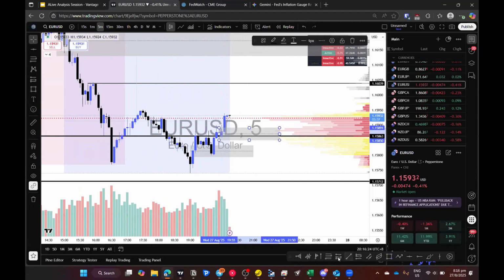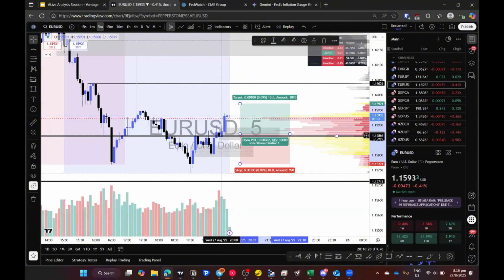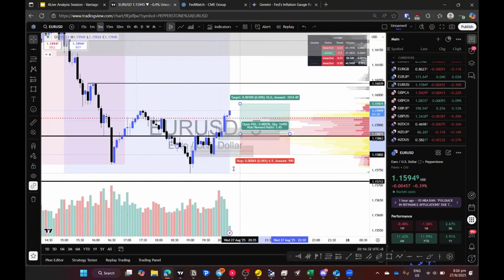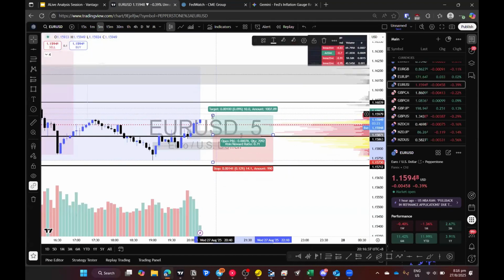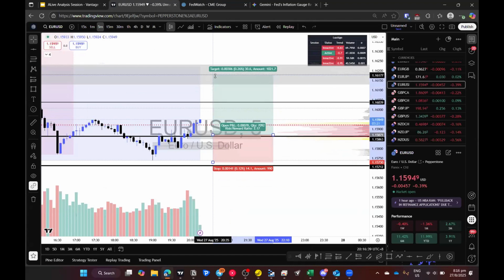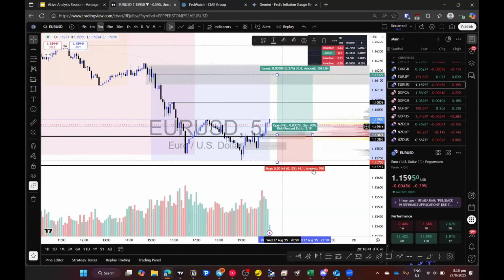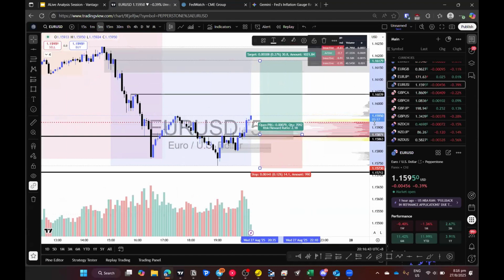So with that in mind, that entry would be something where you'll be looking at this downward candle with your stops right below that lowest low, and you're going to drag your entry all the way up. And you get roughly 1:2 risk to reward.